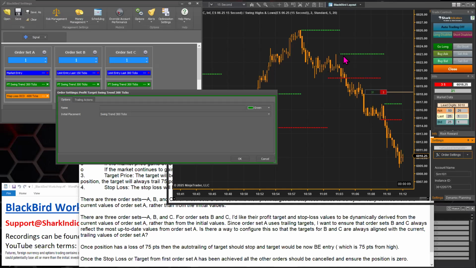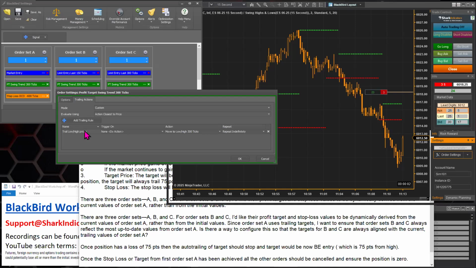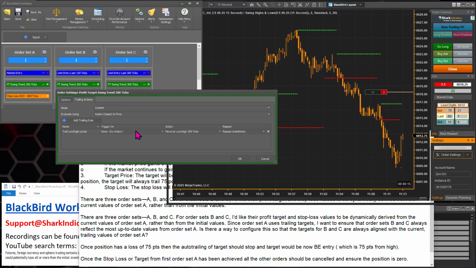Because the swing point prices are moving as price moves up and down, for the initial placement these profit targets might be out of sync for one bar. But as soon as a bar closes, the trailing rules kick in, and the trailing rules are all the same. So that will resynchronize all the profit targets.